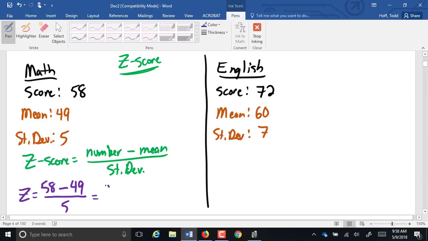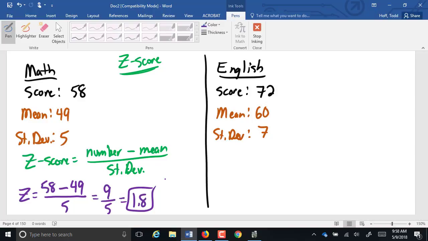So 58 minus 49 is 9. 9 divided by 5 is 1.8. What that is saying is your math test score was 1.8 standard deviations above the mean.